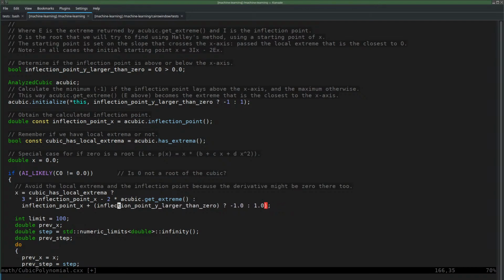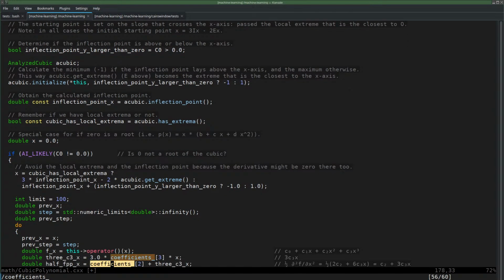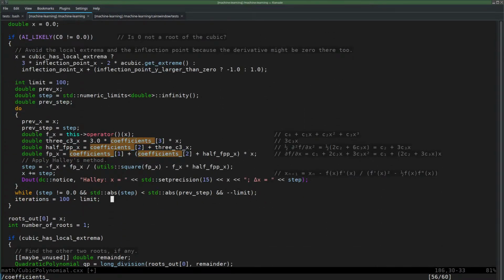Can remove these. And then we have these. This is 1, so that becomes that.